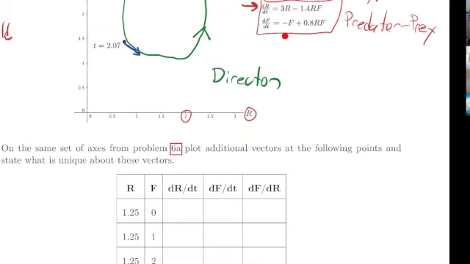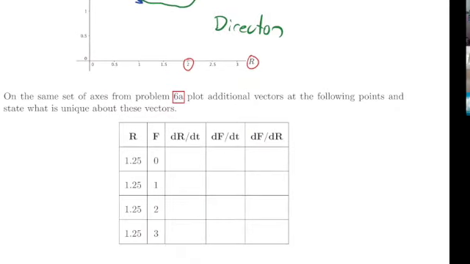If I plug in 1.25 for r, excuse me, we're going to get 0 no matter what. So you can check each of these is going to wind up giving us 0 and 0 and 0 and 0.